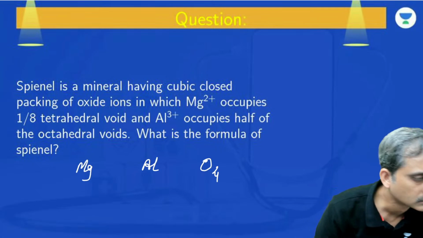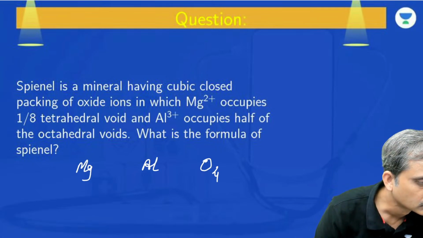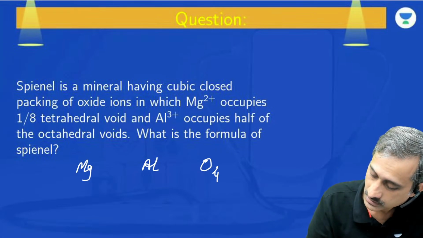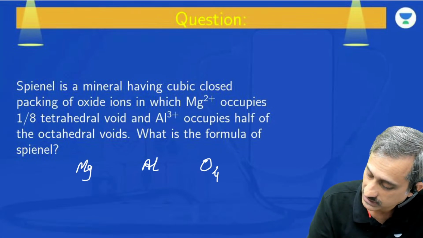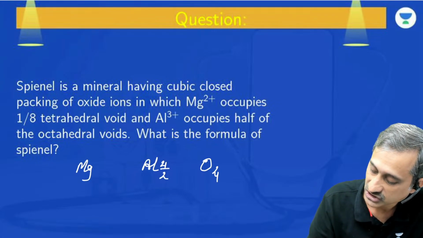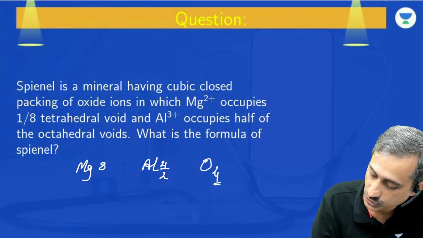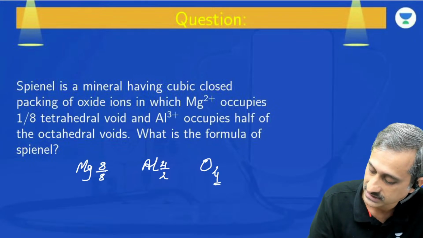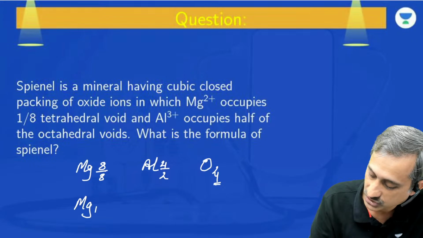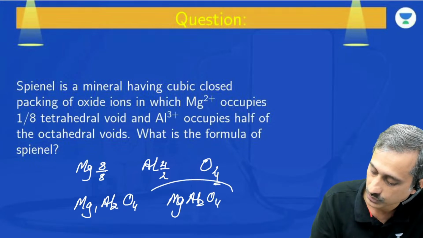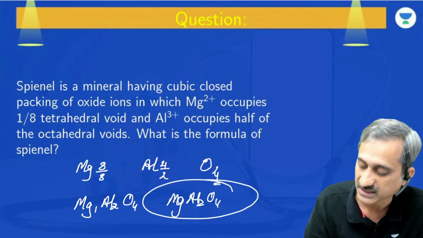Now Al3+ occupies half of the octahedral voids. Octahedral voids are going to be 4, so that's going to be 2. Magnesium occupies the tetrahedral voids. Since oxygen is 4, tetrahedral voids are going to be 8 and it's going to be 1 by 8. So the formula comes out to be MgAl2O4. That's the formula of spinel.